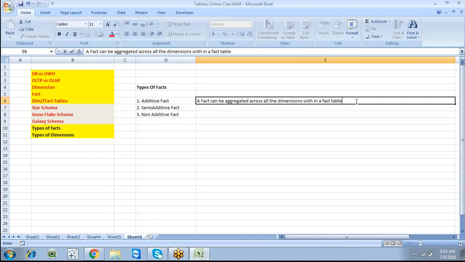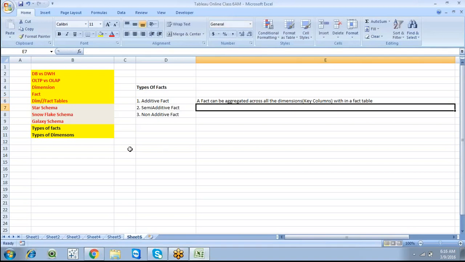So this is the definition: if a fact can be aggregated across all the dimensions within a fact table, all the dimensions in the sense all the key columns within a fact table.